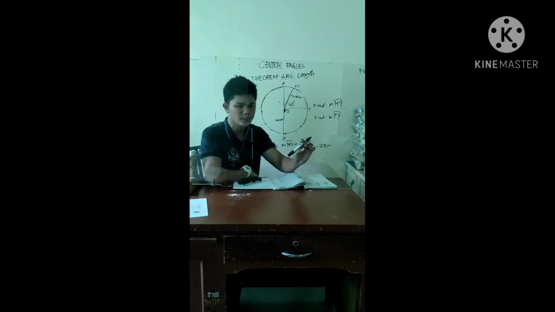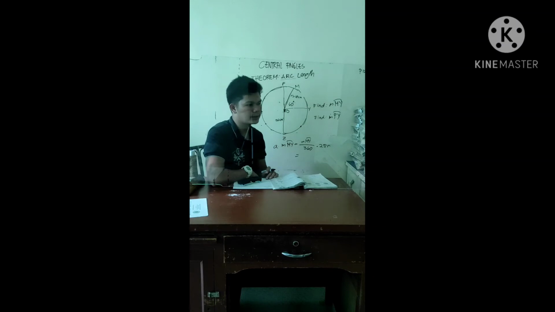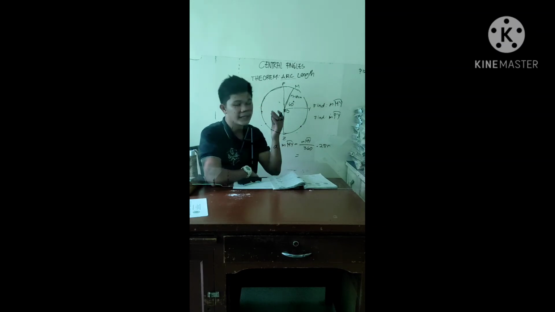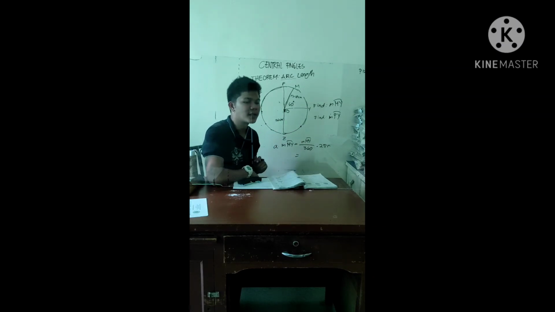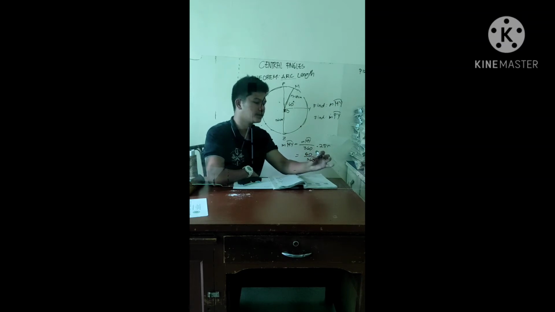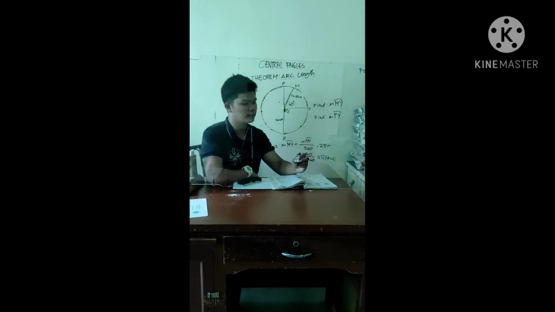Next, applyan natin na central angle intercepted arc postulate. So, this is 60 divided by 360 times 2 pi 18 centimeters. Okay?